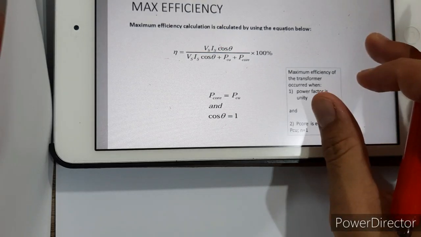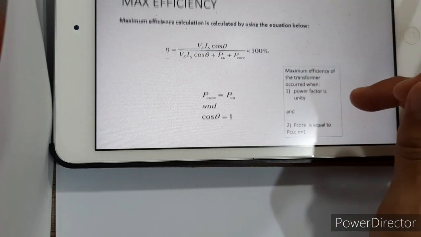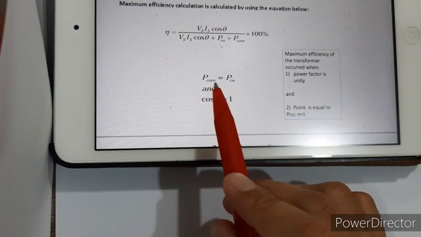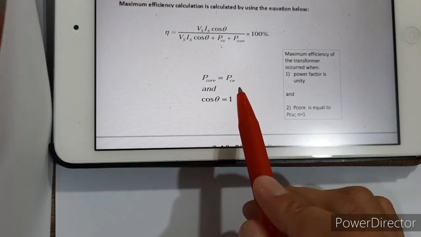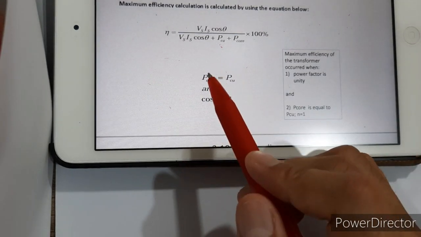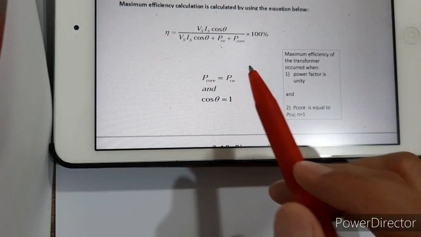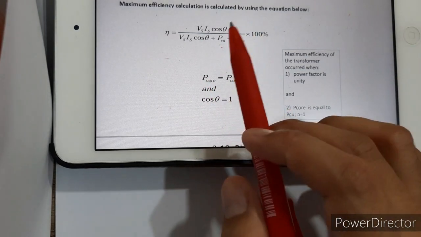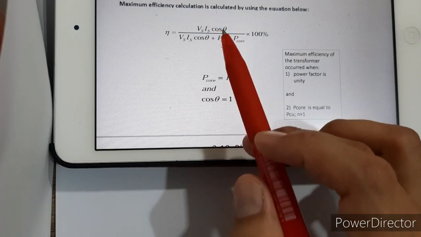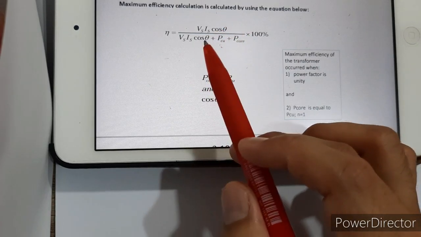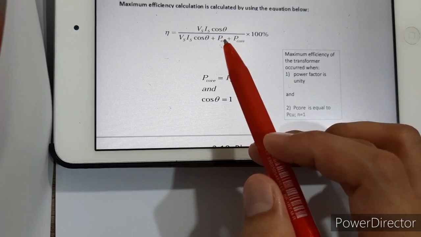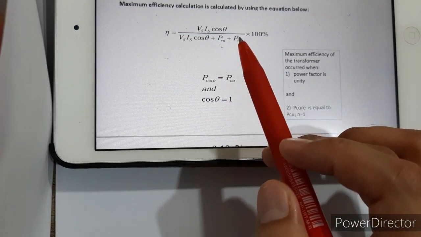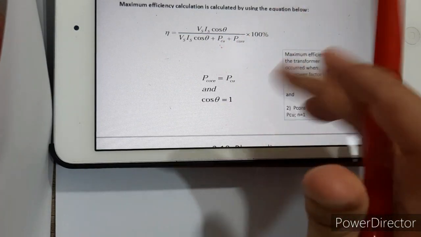So the condition for maximum efficiency is when P core is equal to PCU. For example, if P core is 100 watt, PCU is also 100 watt, and cos theta is equal to 1. So you replace this with 1, and P core will be equal to PCU.